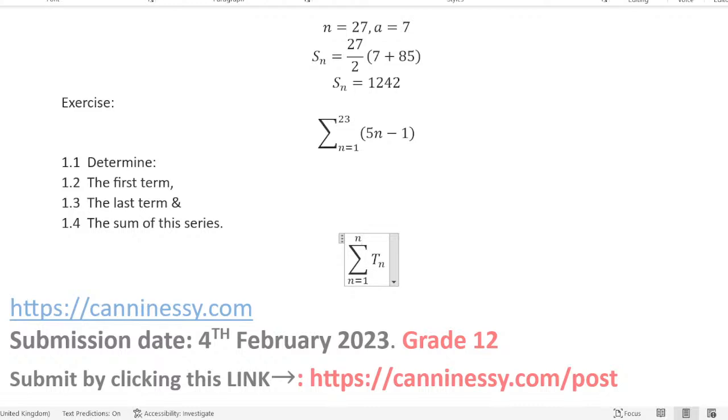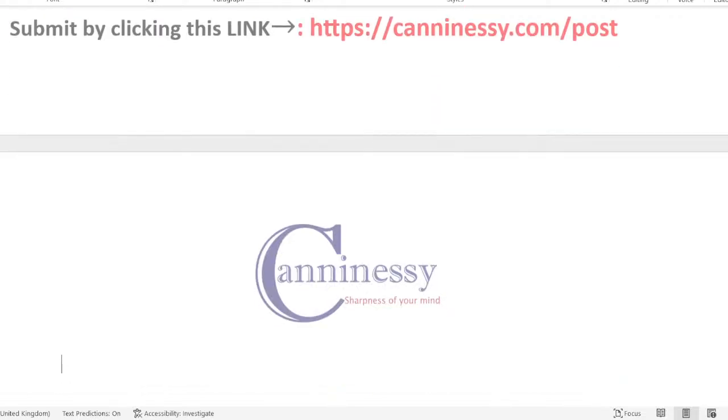Then we have the number of terms, this is where your terms will end. So Tn is equal to 5n minus 1, right?